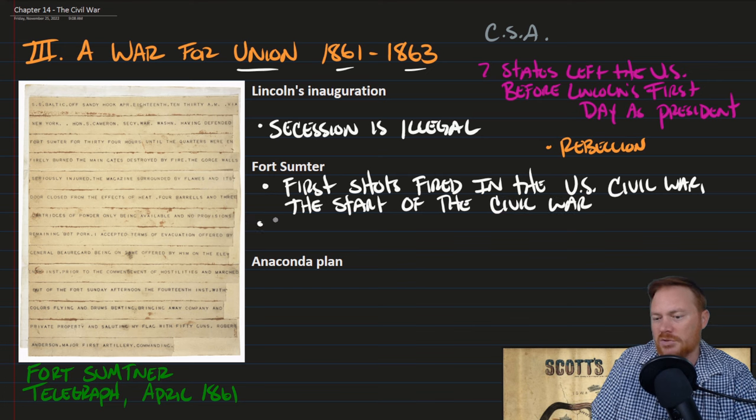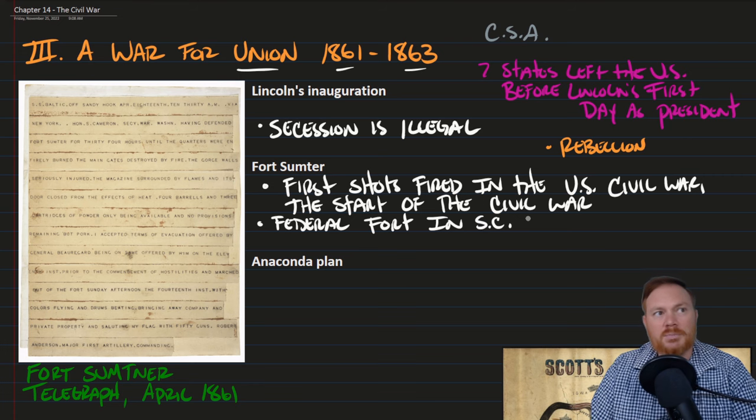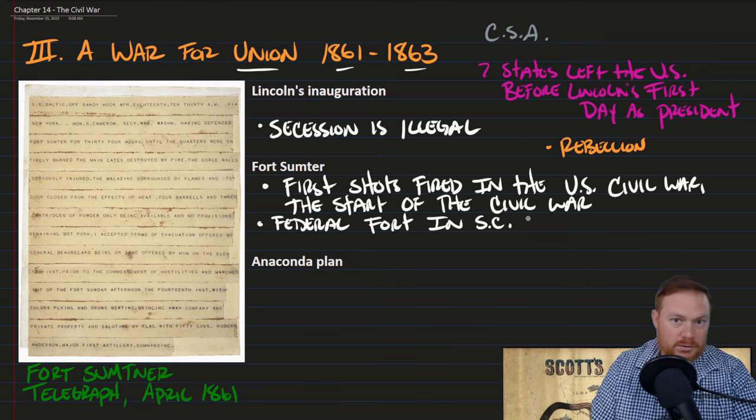See, Fort Sumter was a federal fort. And as a federal fort, and this was South Carolina, so we'll put SC for short, it technically wasn't property of the state of South Carolina. In fact, you had this situation play out in a couple of other states, and that was, think of something like a military base.